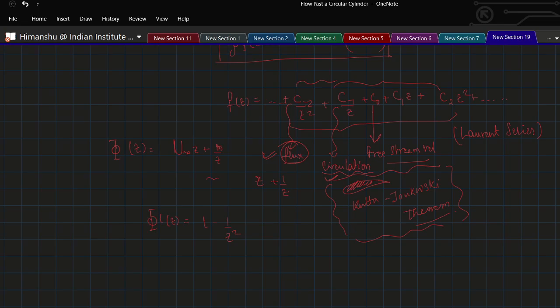Since f of z is given by this relation, we know that in our simple case there is no circulation, so this can't be a residue, and we have this uniform velocity, so this will contribute.